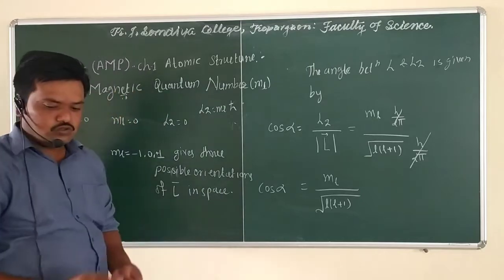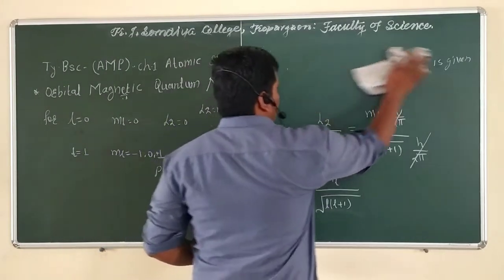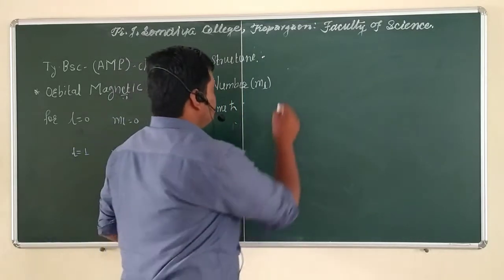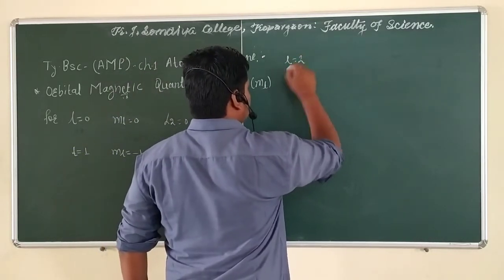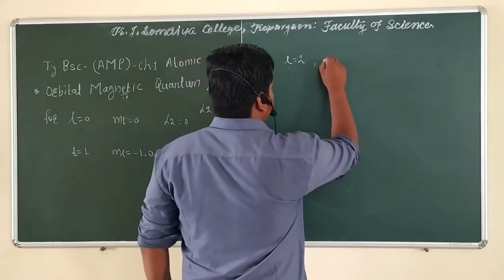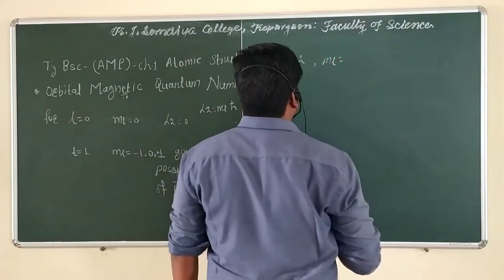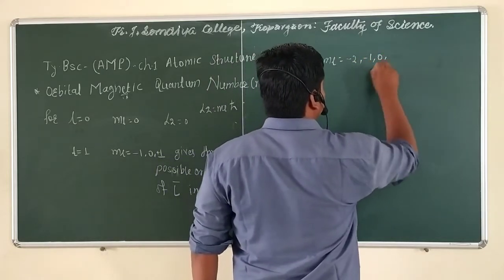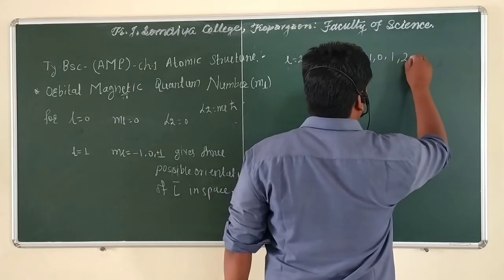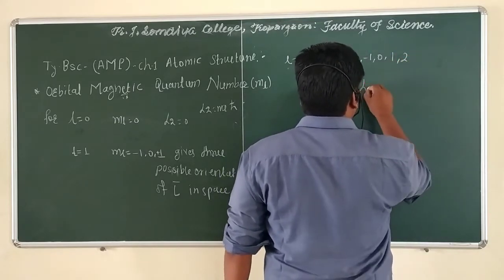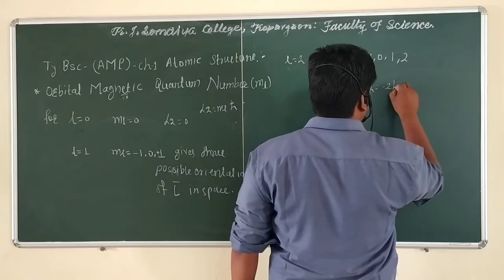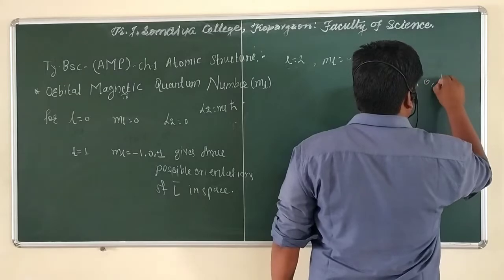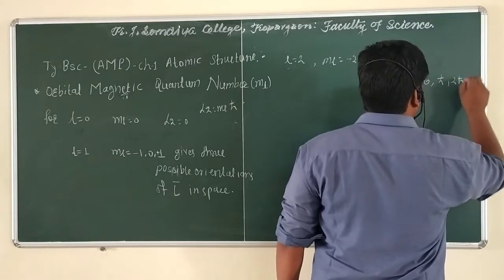Correct. So if, for example, l is equal to 2, so the orbital quantum number gives 2, then ml value gives how much? So that is minus 2, minus 1, 0, 1 and 2, and Lz gives the value of minus 2 h cross, minus h cross, 0, plus h cross, plus 2 h cross.